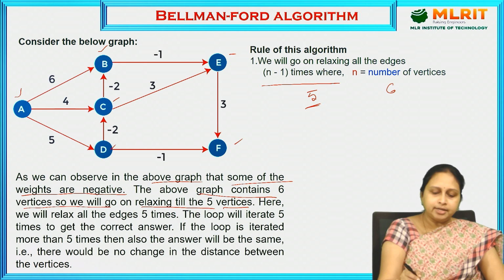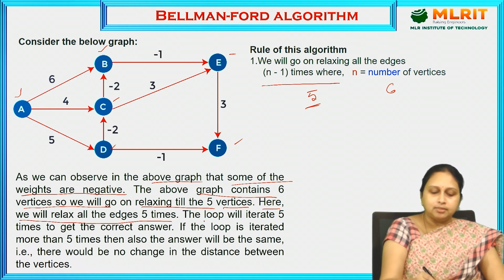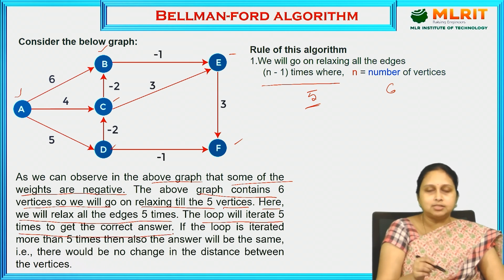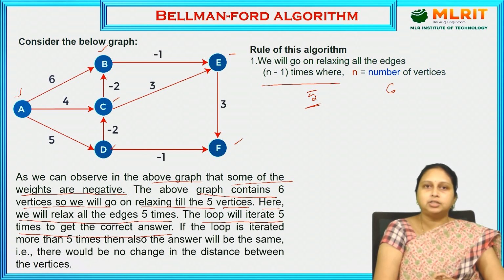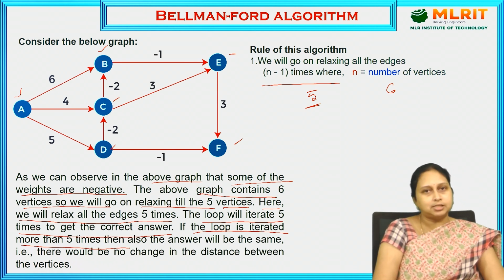Here we will relax all the edges 5 times. The loop will iterate 5 times to get the correct answer. The same loop is repeated 5 times to get the correct answer for each and every vertex. If the loop is iterated more than 5 times, the answer will be the same.